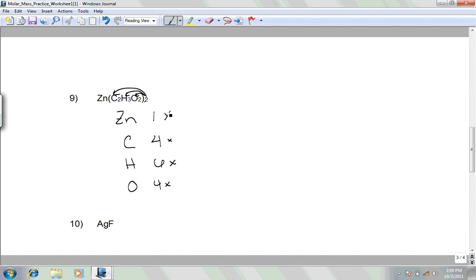So now we look on the periodic table, and we find that zinc is 65.39. Carbon is 12.01. Hydrogen is 1.01. And oxygen is 16.00. All those numbers are off the periodic table. Those are their atomic masses.